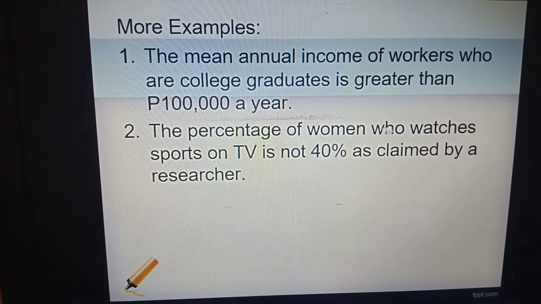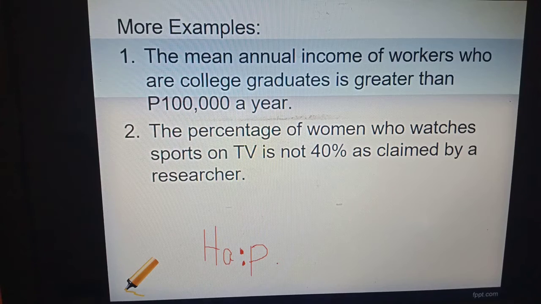The percentage of women who watches sports on TV is not, siyempre, alternative hypothesis agad yun, is not 40% as claimed by the researcher. Yung ating alternative hypothesis, H sub A, tandaan yung parameter dito, yung symbol na gagamitin natin ay hindi siya mean, kundi yung percentage or P. Kasi yung percentage kasi proportion yan.